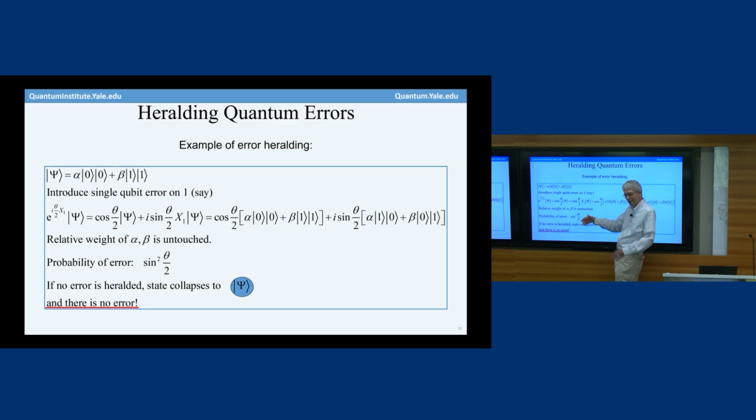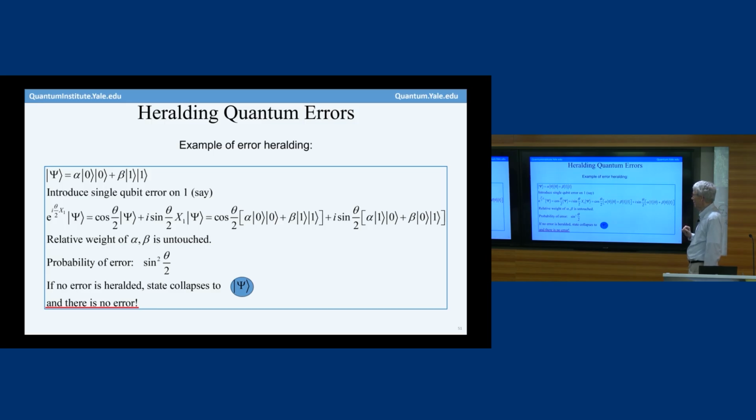Okay? So I don't even know if there's an error or not. There might not be, or there might be. So I end up with this state, cosine theta over 2 times the original state plus i sine theta over 2 times the original state, except the first bit has been flipped. Is that clear?